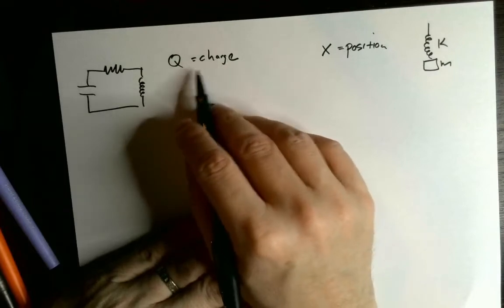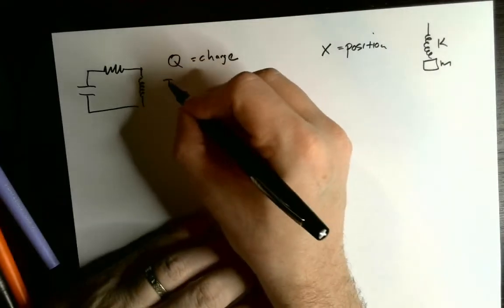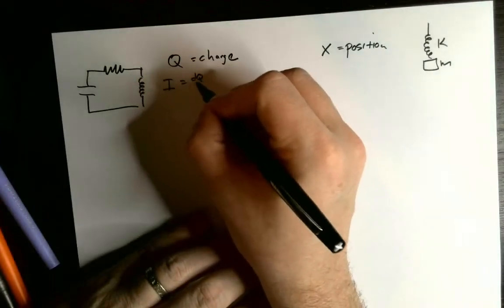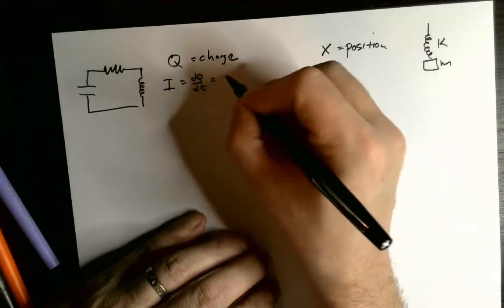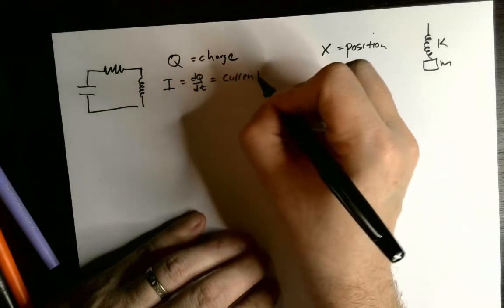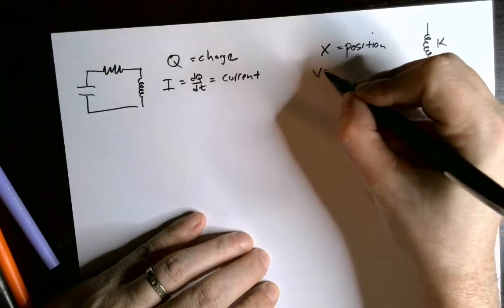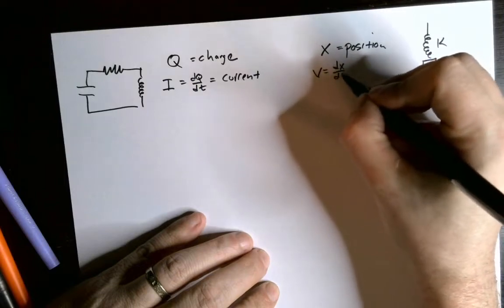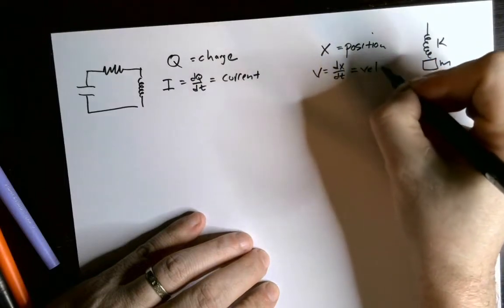The rate of change of charge, dq/dt, is the current. The rate of change of position, dx/dt, is the velocity.